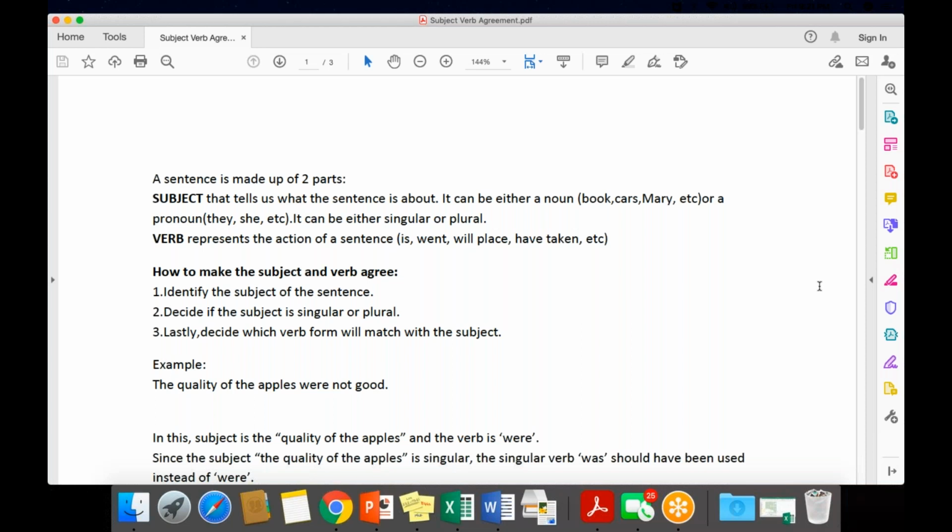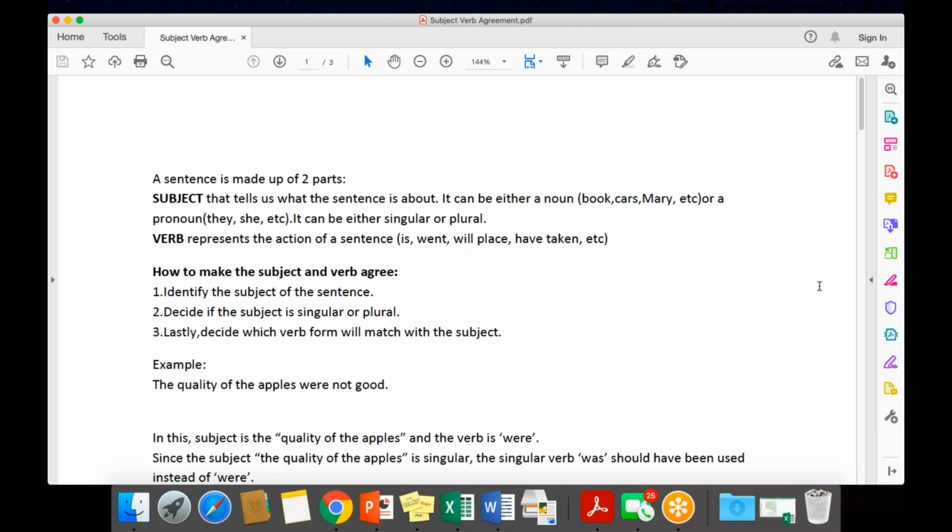Now when we are reading any sentence and we are trying to see whether the particular sentence is grammatically correct or not, these two things, the subject and the verb, they both need to be in proper coordination with each other.